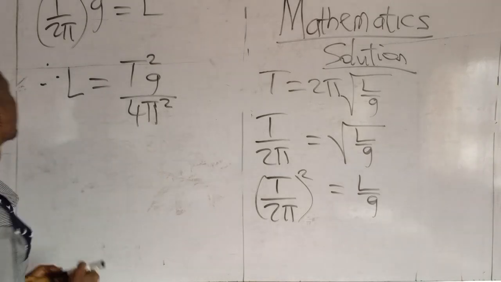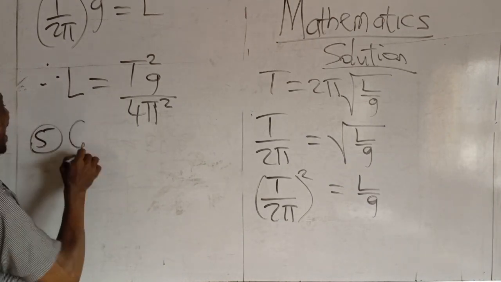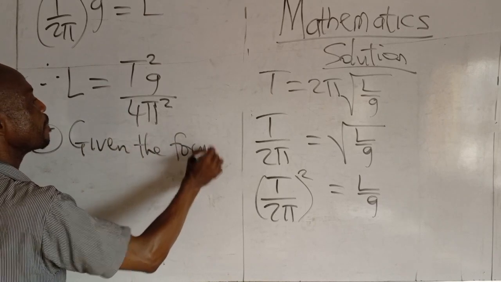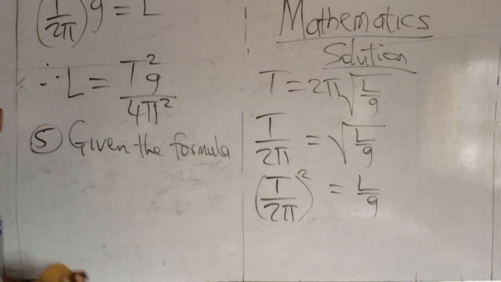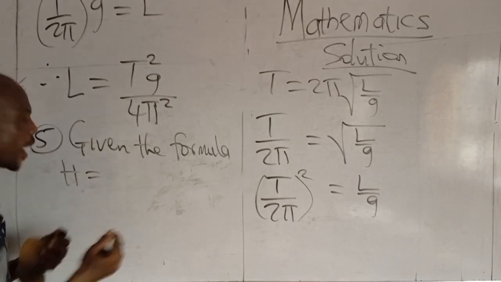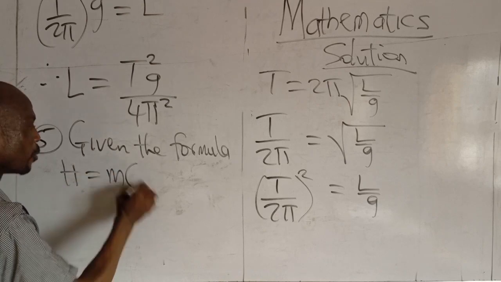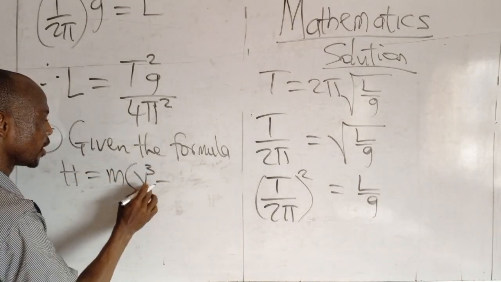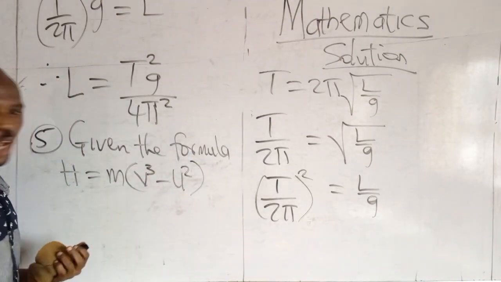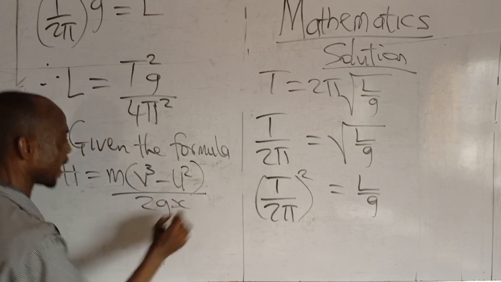And the last question we are going to take, let's say we are given the formula H is equal to, let me just say, M open bracket V raised to power 3 minus U squared, close bracket, over 2gx.